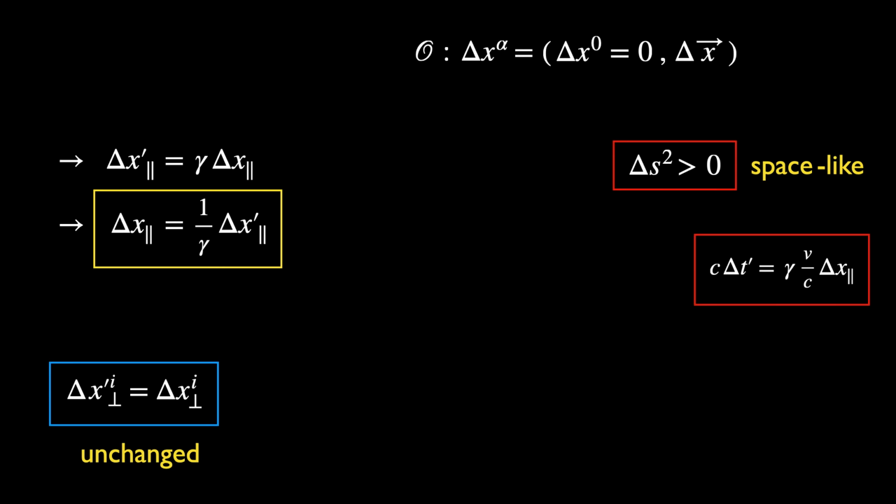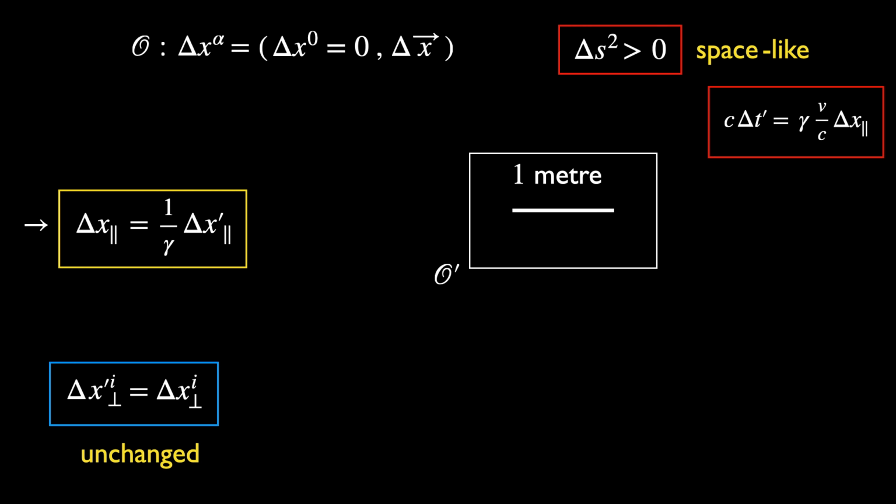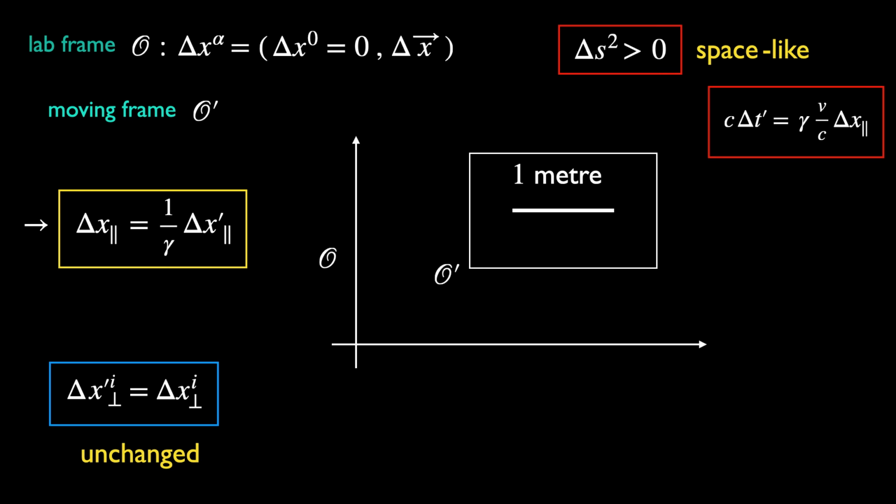Let's see what this means. Let's assume that observer O' is carrying with her a meter rule, and that this ruler lies along the direction of relative motion. By our convention in defining the Lorentz boost, O travels at a velocity of v with respect to O'. Therefore, conversely, O' travels with a velocity of minus v with respect to O. Delta x' in this case is 1 meter.